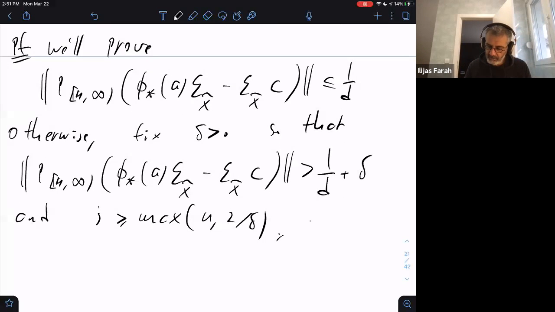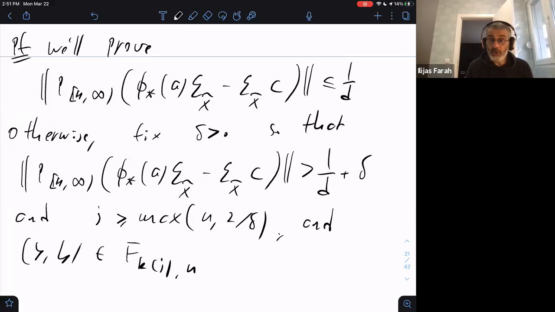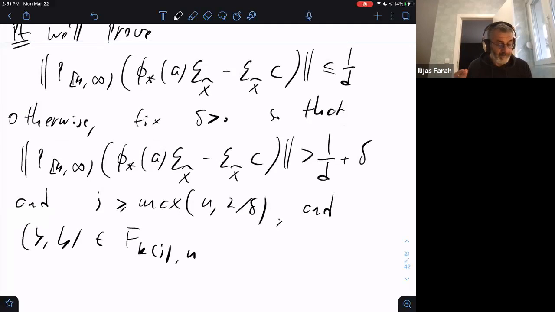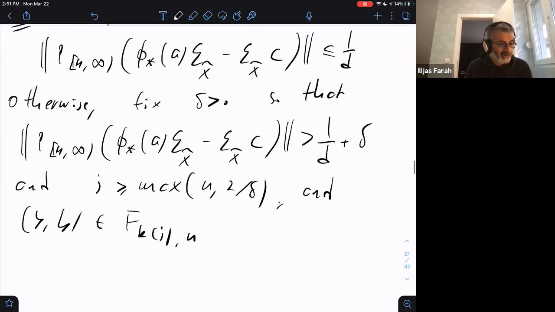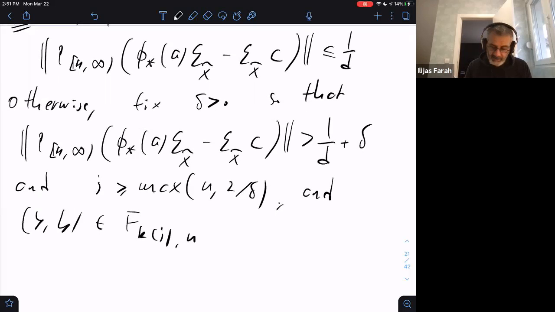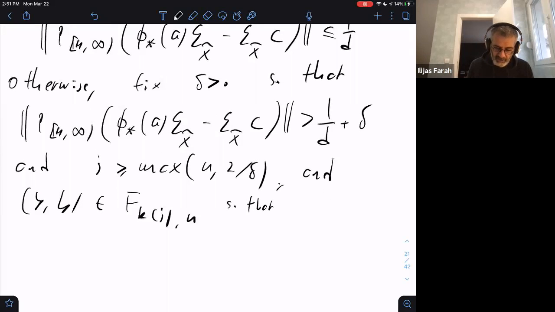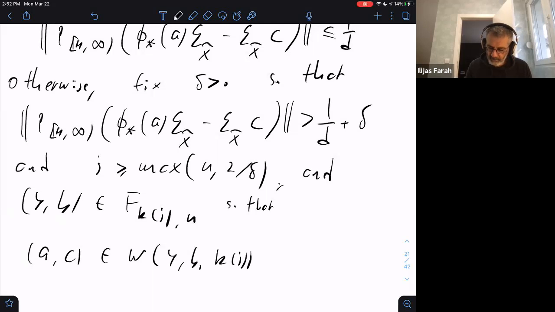And now, also fix Y, B in F of k_j, n, which approximates everything up to what it needs to approximate. So that we can just say it shortly, so that A, C belongs to W of Y, B, k_j.